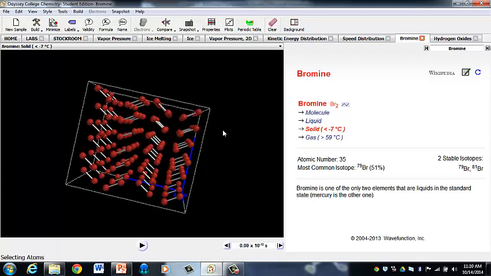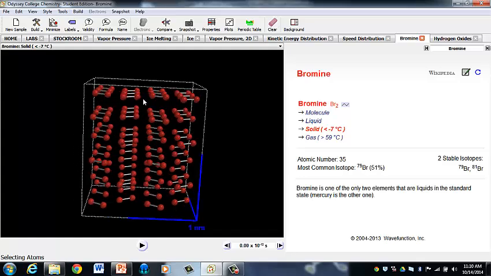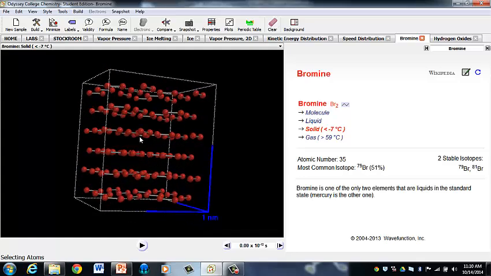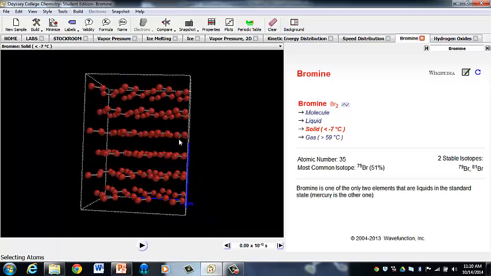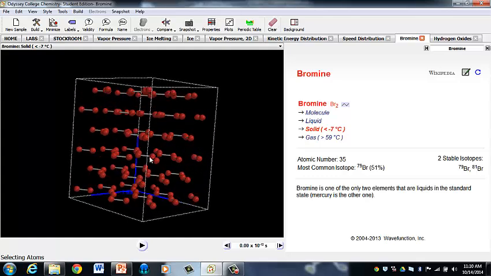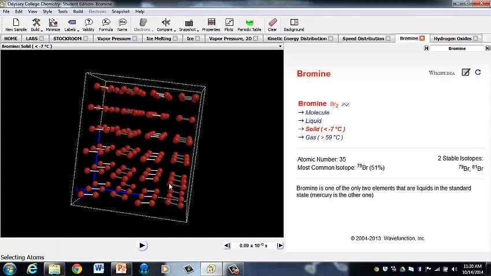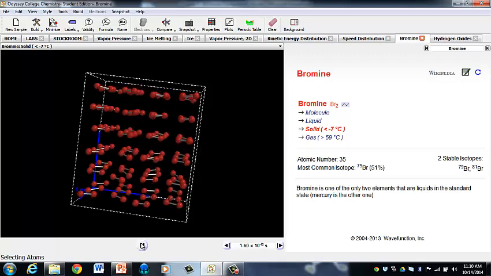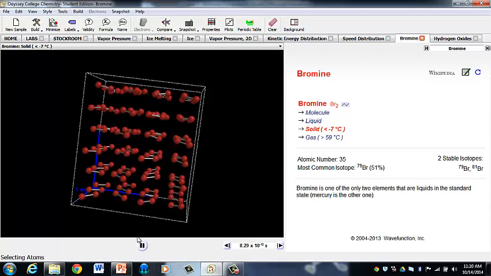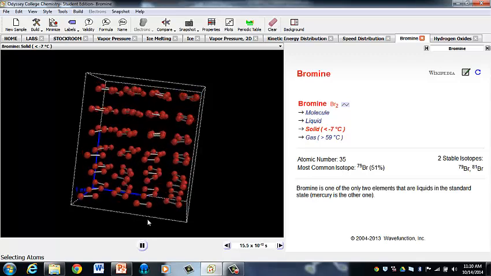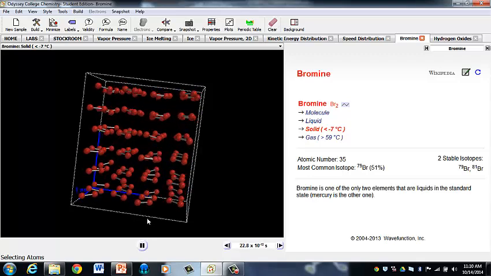One other thing that distinguishes solids from liquids is in a solid, generally, or in most solids, not all, but most of the time, the particles are arranged in kind of a repeating pattern. So there's solid bromine. If I allow them to move, notice they wiggle, but they don't move out of their positions.